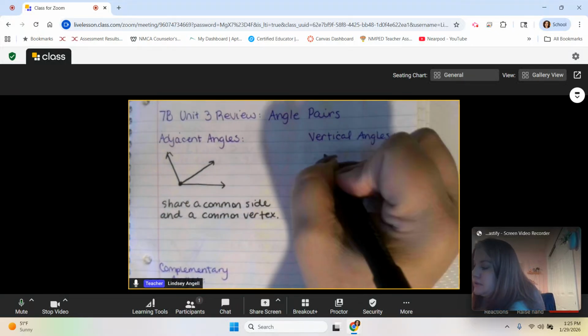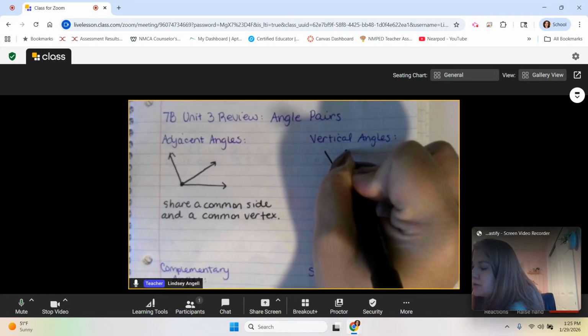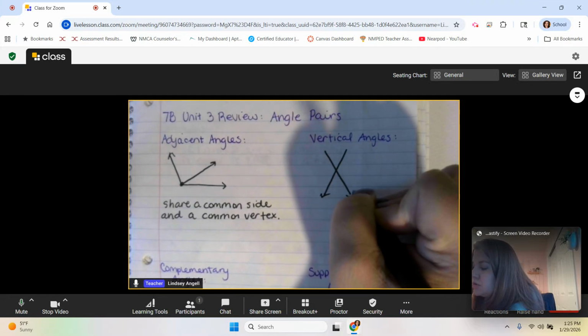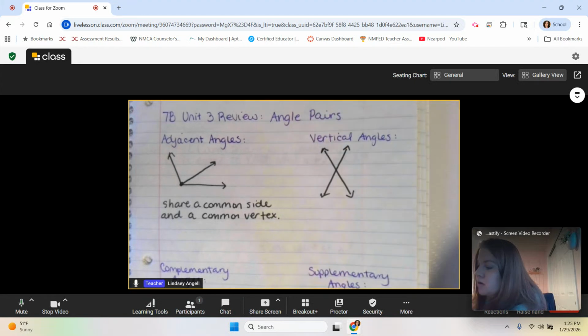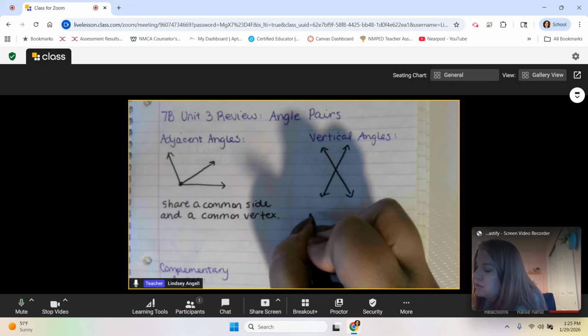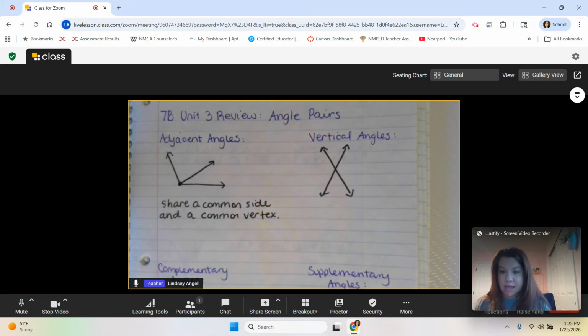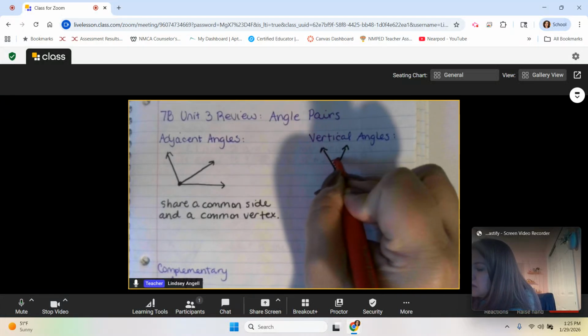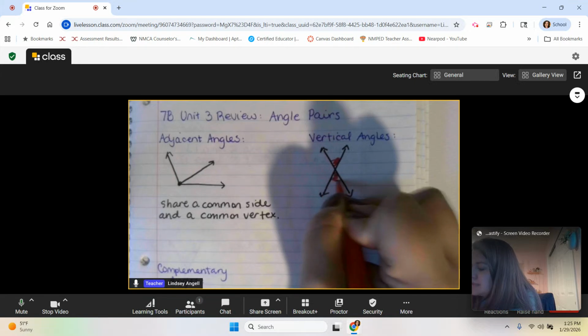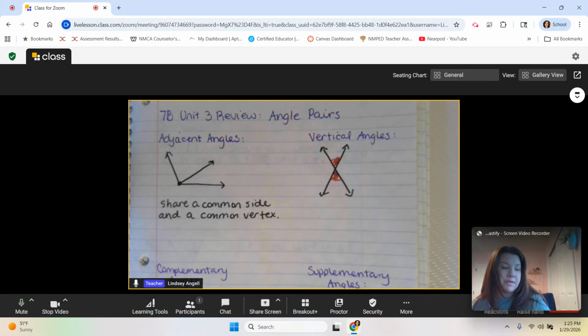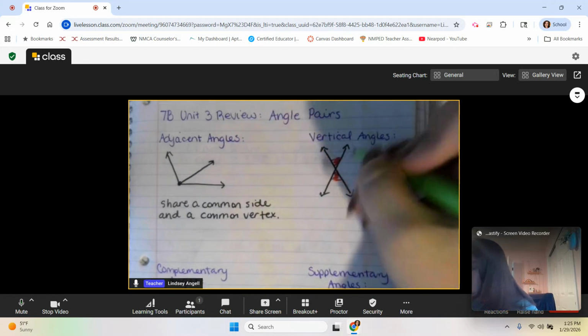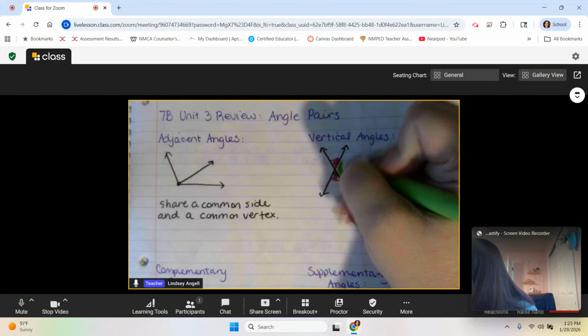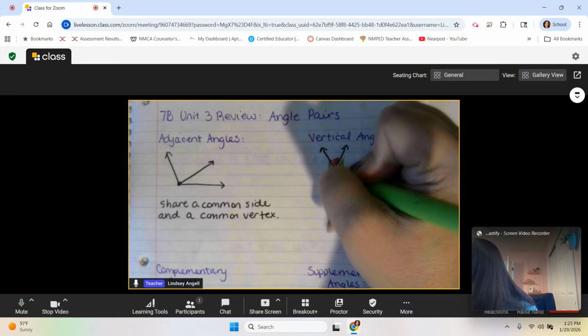Vertical angles. Well, those are angles that are created when two lines intersect or cross each other. So, I did this in my last video, but let's just do it again. So this angle here is a vertical angle to this angle, okay? And this angle is a vertical angle to this one.